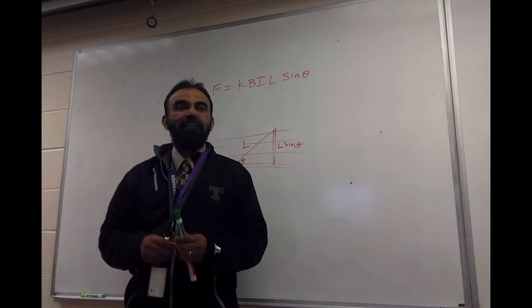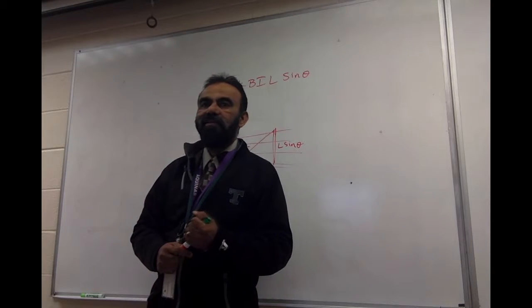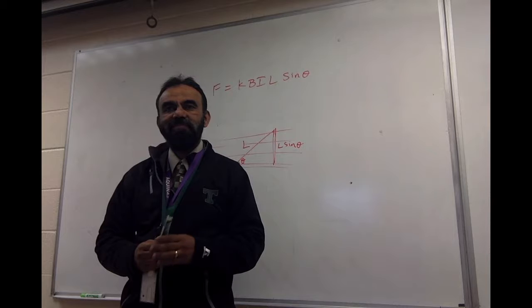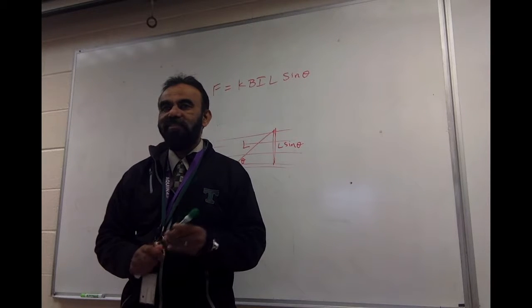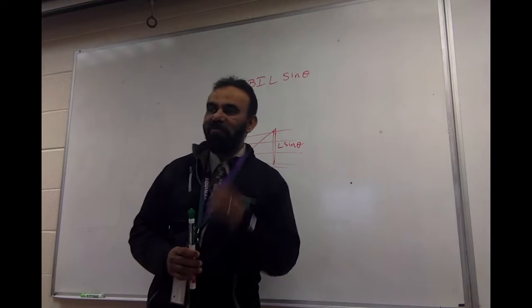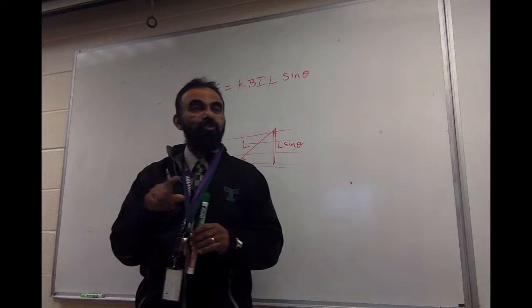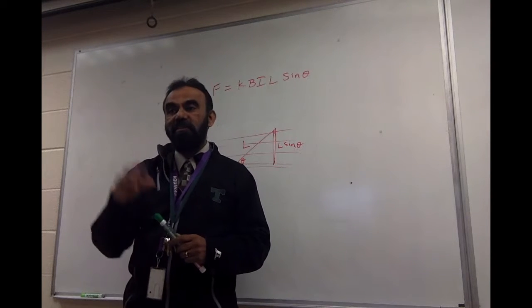One half what? The surface area of a sphere should be known to you. That's the volume. 4 pi r square is the entire surface area of a sphere.